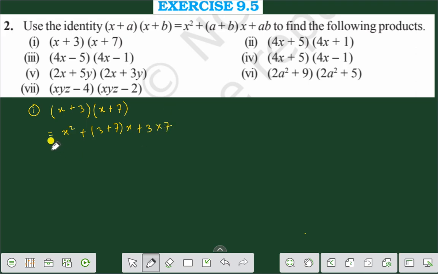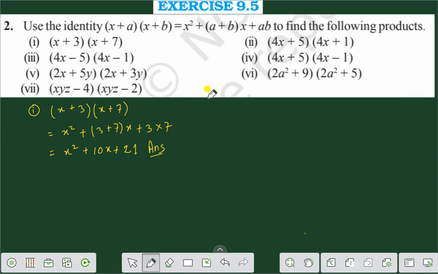Therefore, we are getting x²; 3 plus 7 is equal to 10, so 10x, plus 3 sevens are 21. This is the answer of question number 1. The answer is x² + 10x + 21.